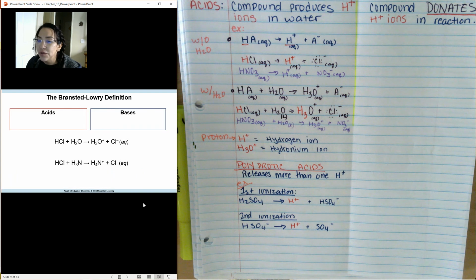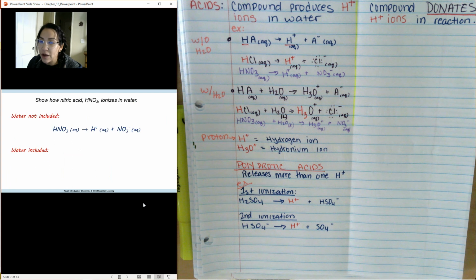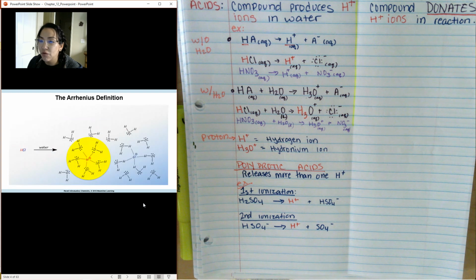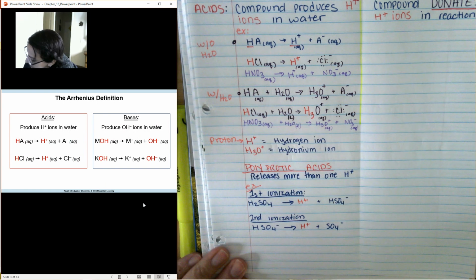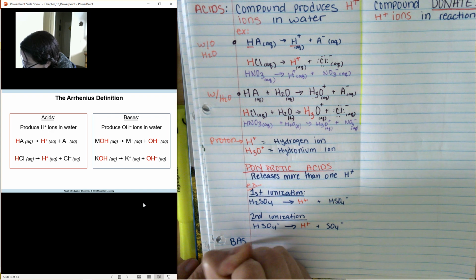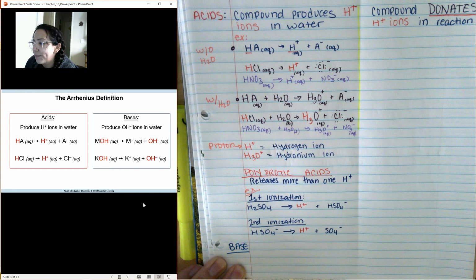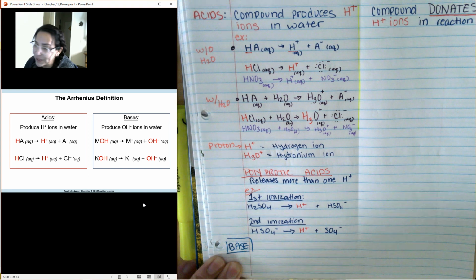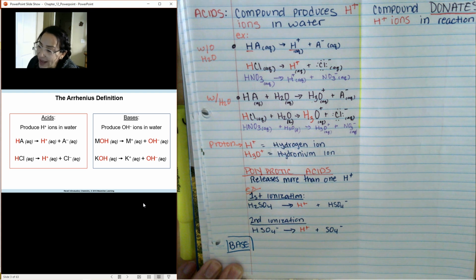All right, so that was the Arrhenius definition of our acid, and I want to now go back and write the one down for our base. The base is quite simple. As you can see, most of that first part of the PowerPoint basically just talked about the acid.